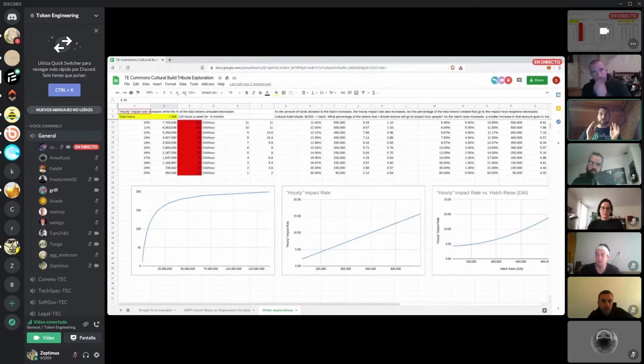Because we can't vote on these things, they have to be designed holistically. As you can see, we need the min, we need the max, we need the total number of impact hours, or at least a guess. We need to know the hatch tribute. We need to know how much money we want to fund for. There's just so many things.